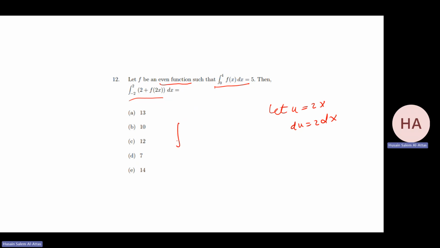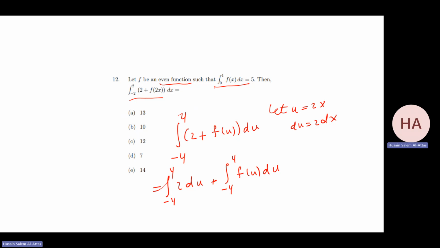That integral will be what? Now that will be the integral from minus 4 to 4 of 2 plus f of u du. Okay, that will be the integral from minus 4 to 4 of 2 du plus what? The integral from minus 4 to 4 of f of u du.